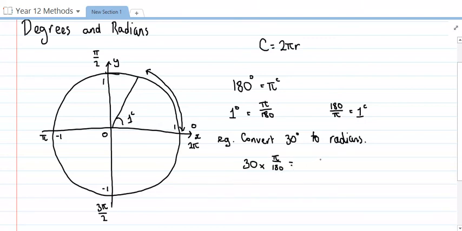And you can simplify it now or simplify it later, it doesn't make much difference, but 30 times pi is just 30 pi over 180. And we can simplify that down. 30 goes into both of these numbers, so 30 goes into itself once and it goes into 180 6 times. So we're left with 1 pi over 6. And you might remember that from your exact values from last year.